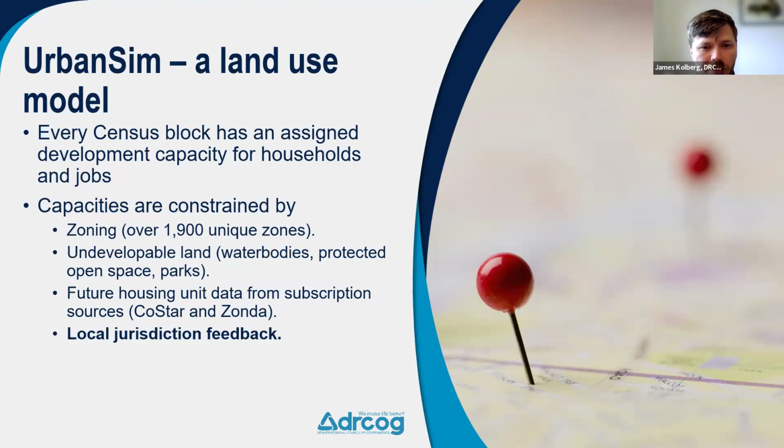We also have subscription data sources, CoStar and Zonda. And so we get a lot of data from there about future growth in housing. And then CoStar has commercial real estate data. And then finally, a really important place we get this information from is from you all, local jurisdictions.